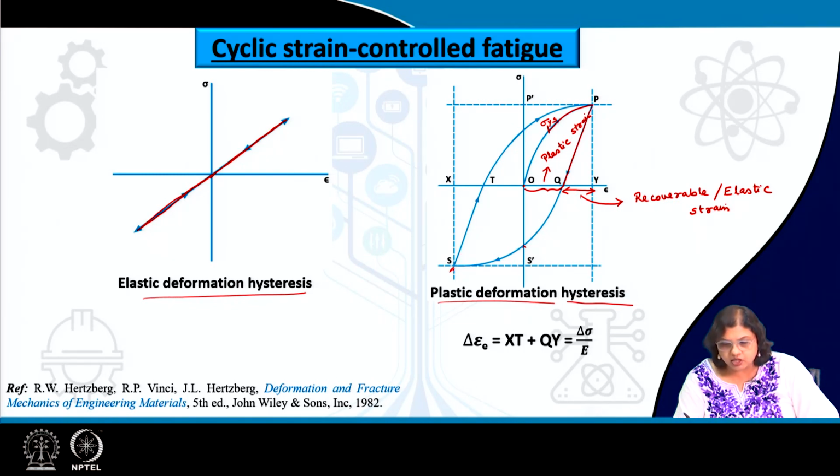And if we are unloading again back to the zero load, as per the elastic hysteresis, it should have come to the origin, but in this case once again we are seeing that some part is being recovered. So, this X T is the elastic strain, and there is some part T O. So, this part is basically the plastic strain.